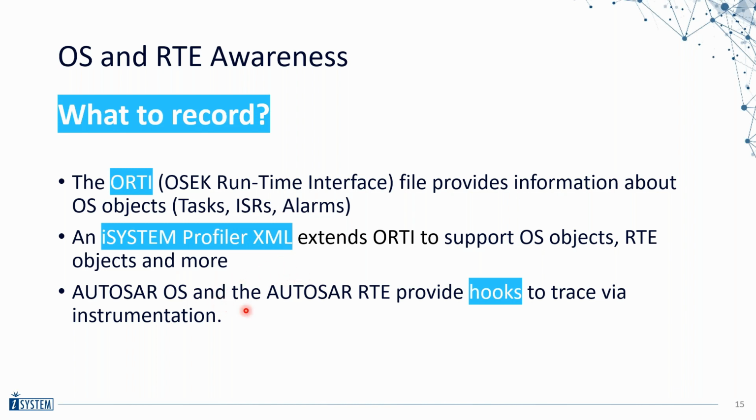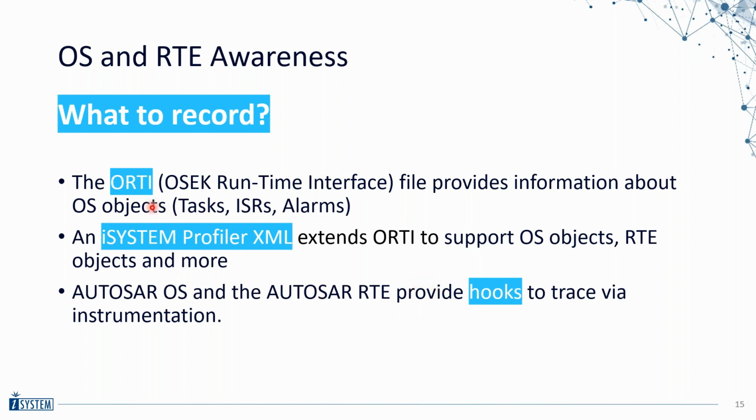Finally, in the AUTOSAR RTE, there's also the possibility to add so-called timing hooks or virtual function bus trace hooks. So we can utilize those hooks for the OS and for the RTE to potentially add instrumentation if you want to use a hybrid trace approach and gather the information about runnables, tasks, and ISRs.